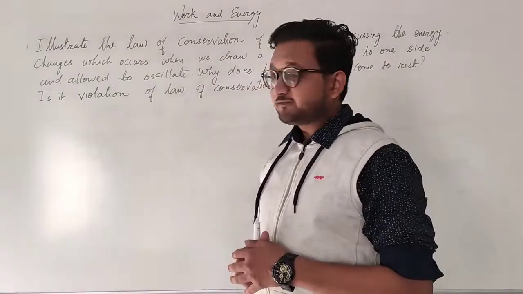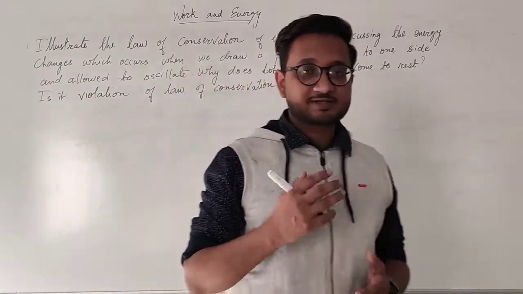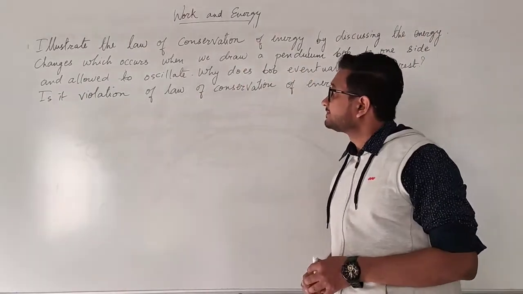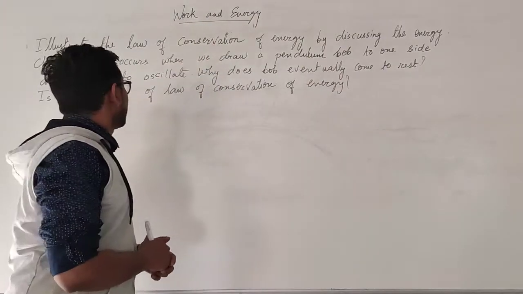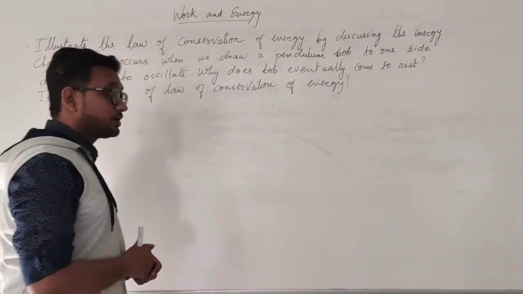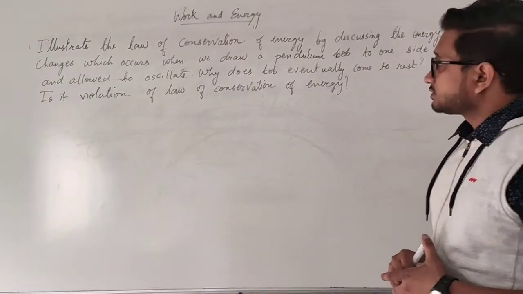Okay students, so after the numerical we have once again a theoretical question and it requires an explanation rather than calculation. Illustrate the law of conservation of energy by discussing the energy changes which occur when we draw a pendulum bob to one side and allow it to oscillate.